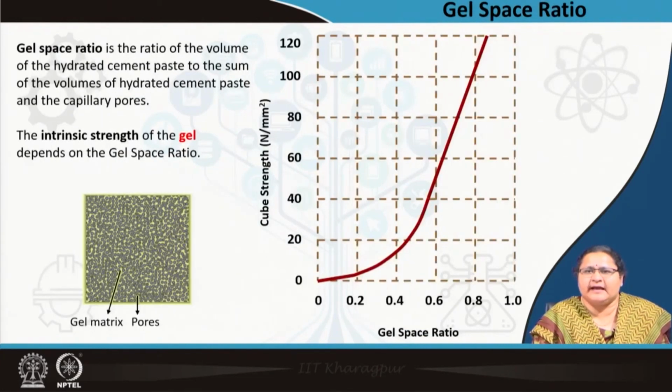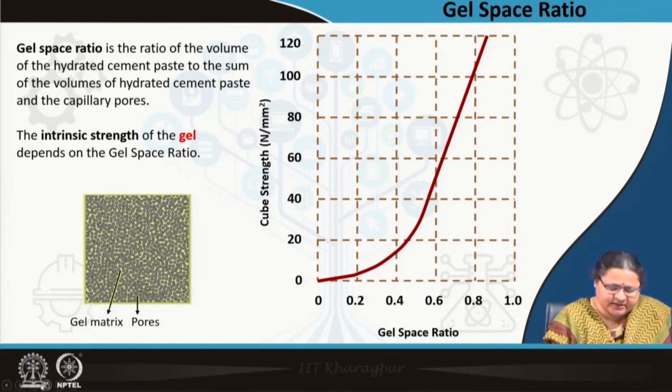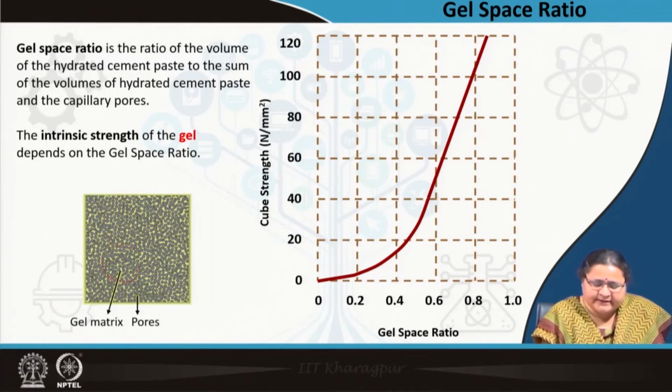Now, as we have talked of this gel, we come to how it looks. When water is added to cement, here you see a picture where you can see that lots of gaps are there. It is the gel matrix, and these gaps are called the pores.